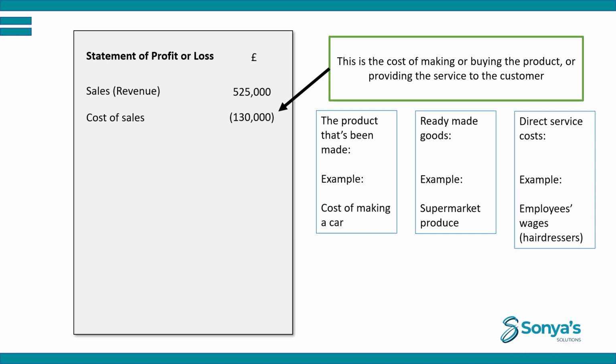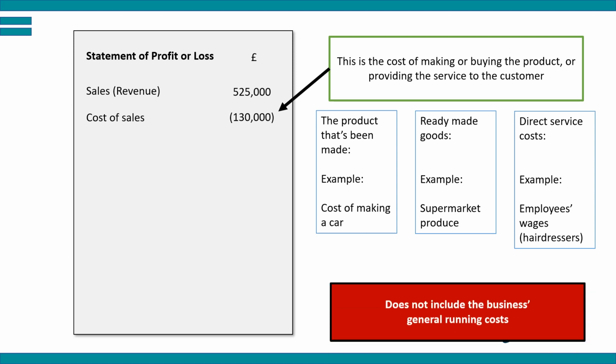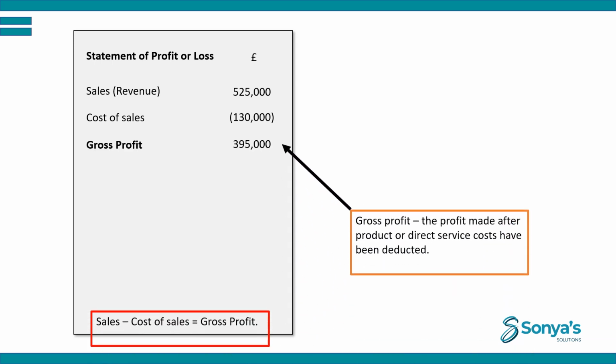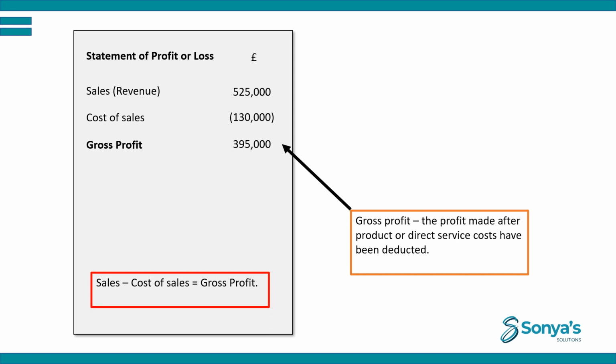A hairdresser cuts hair, so the cost of hands-on labour could be included as a cost of sale. Cost of sale does not include the general running costs or overheads of the business. So gross profit is what the business has earned after cost of sales has been deducted.